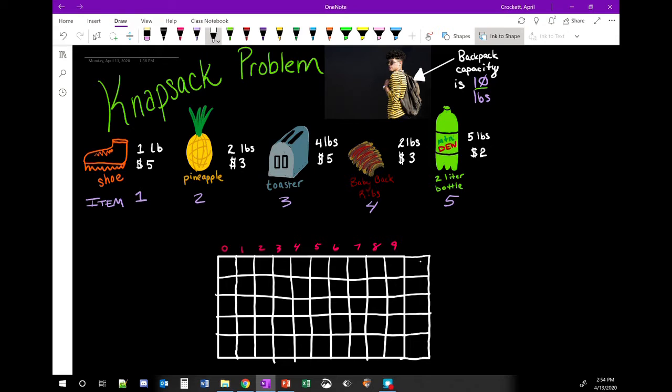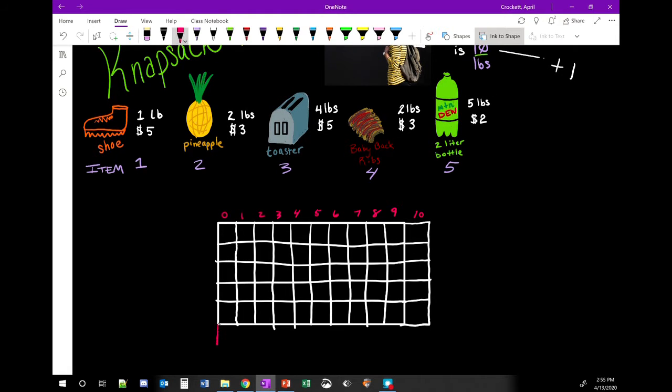So the capacity plus 1 is how many columns we have. And actually that's the same for the items as well. I'll get there eventually. Okay, so 1, 2, 3, 4, 5, 6, 7, 8, 9, 10, and 11.